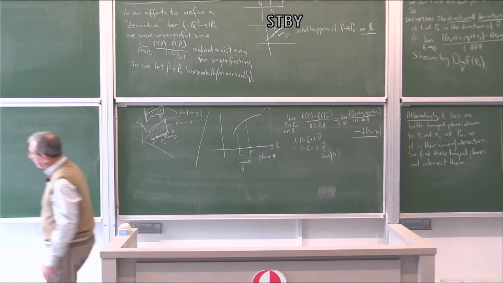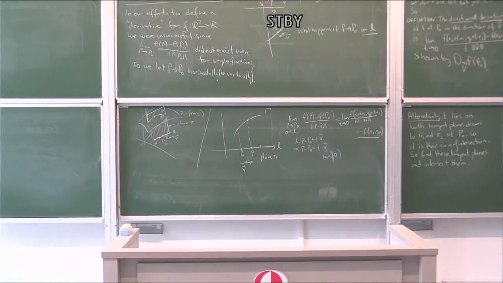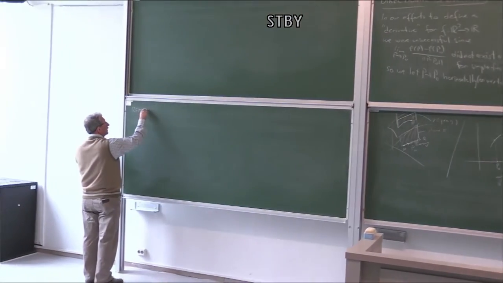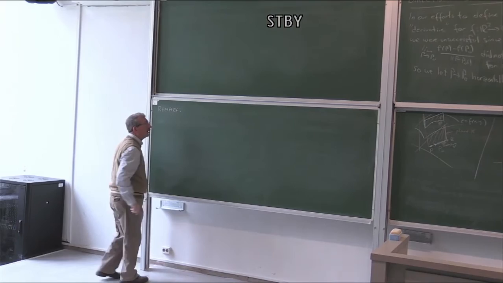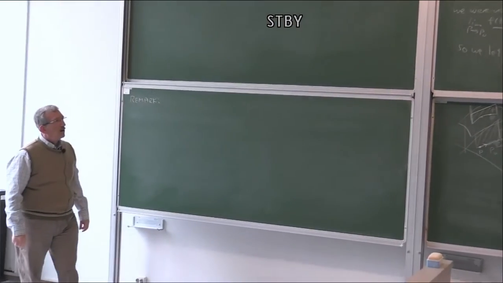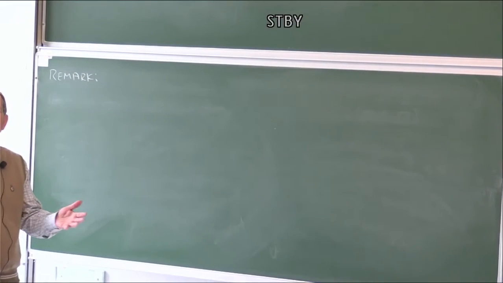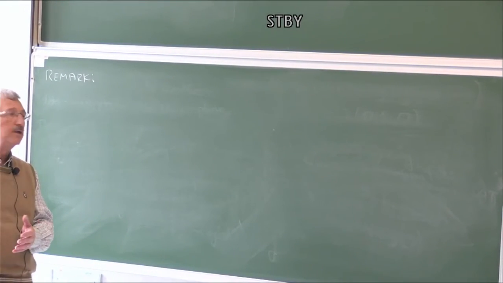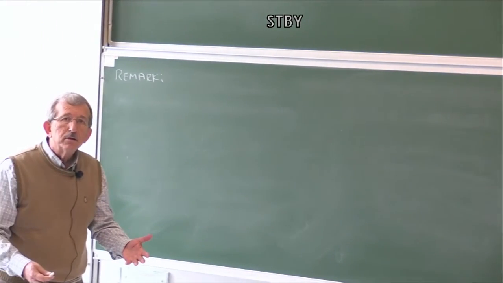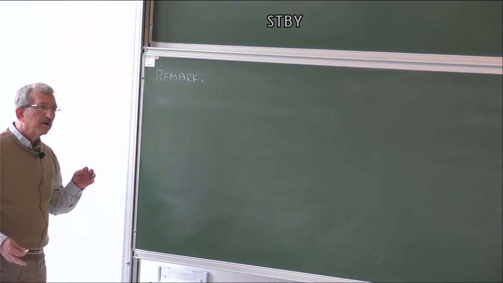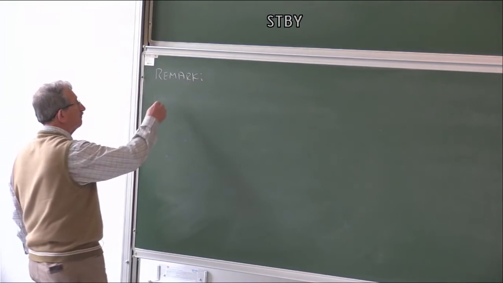Well, before we pass to examples, let us remark on something. Okay. Well, do these limits exist? Well, clearly, it depends on the function, it depends on the point, and so on. But we have, as usual, one very nice theorem.